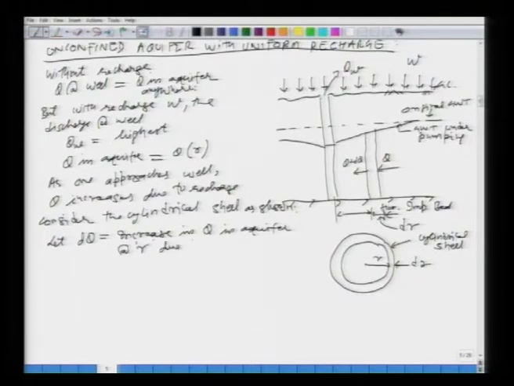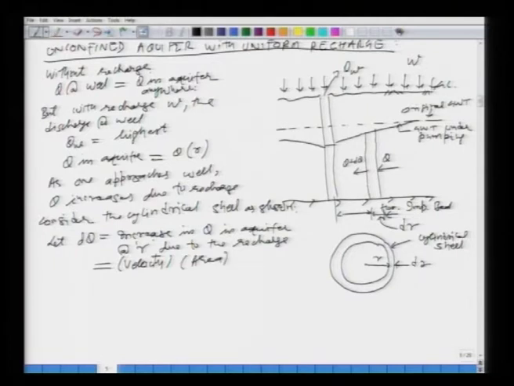Why? Due to the recharge that is taking place. What will this dQ be equal to? It will be nothing but the velocity of water at that location times area.